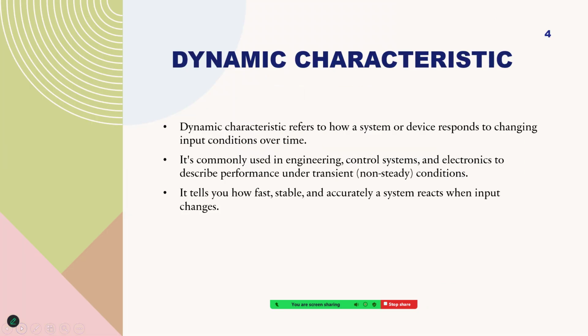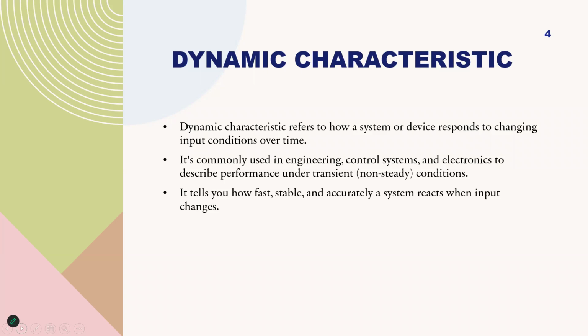So, what are the dynamic characteristics? Dynamic characteristics refer to how a system or device responds to changing input conditions over time. It is commonly used in engineering, control systems, and electronics to describe performance under non-steady conditions. It tells you how fast, stable, and accurate a system reacts when input changes.